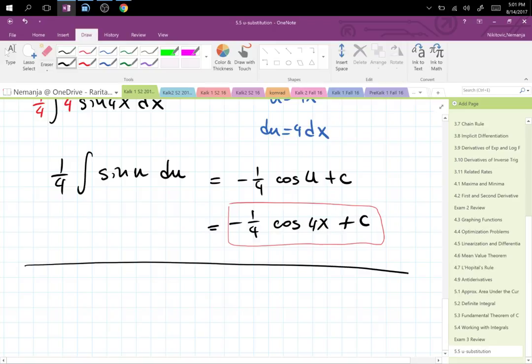So your job with u substitution is to create a basic integral so that you can work the problem out. So let's see.